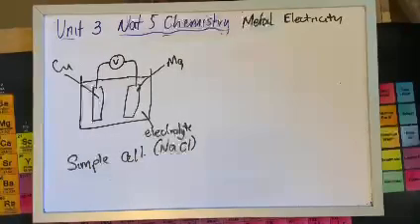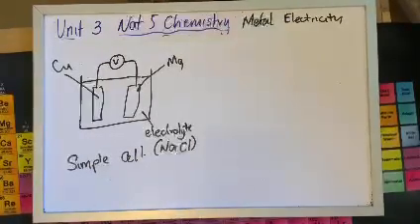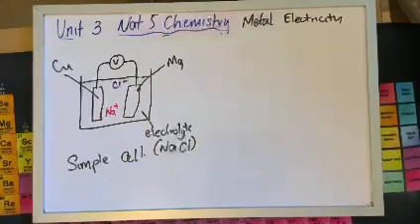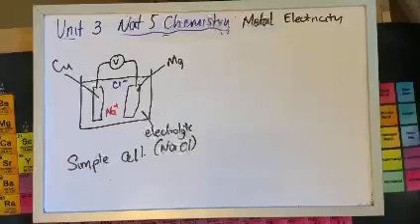We have here a simple cell. We made it with copper, magnesium, 2 different metals, and an electrolyte, which is an ionic solution. In this case, I just used common table salt, NaCl. Remember, the Na is going to float around as Na+ ions. The Cl is going to float around as Cl- ions. Remember back to the video on displacement.